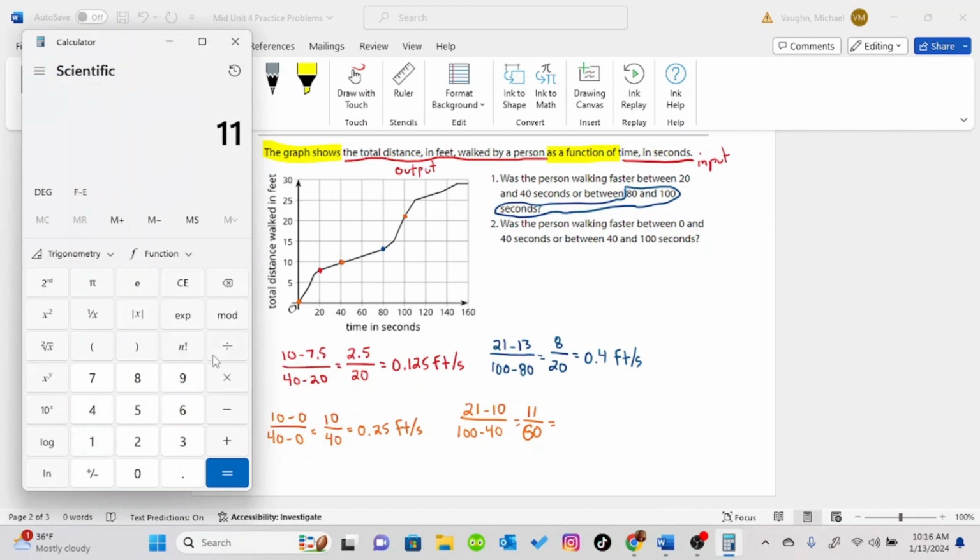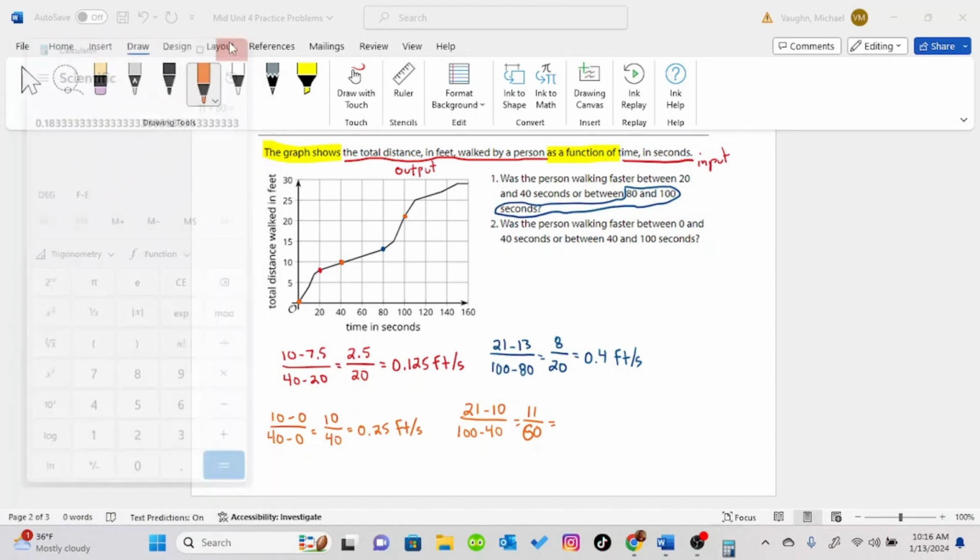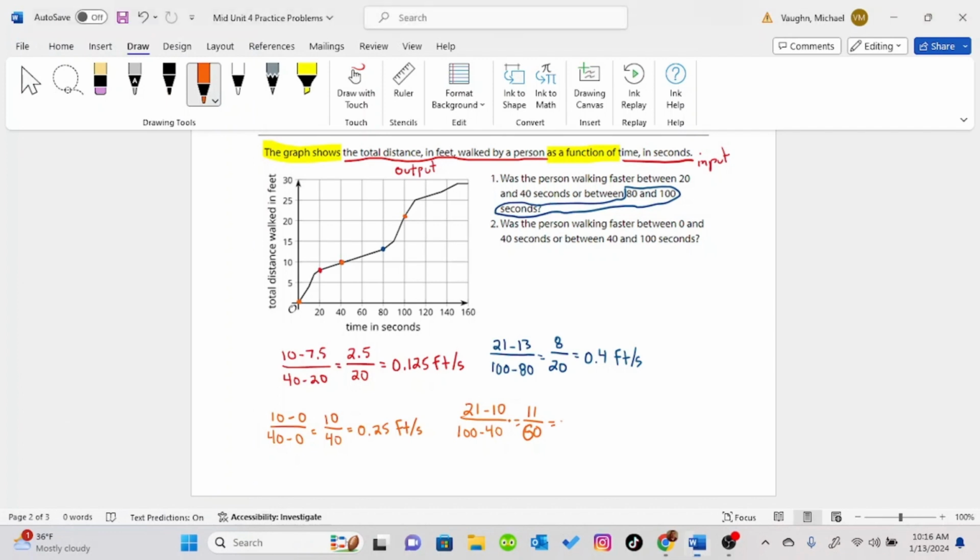And 11 divided by 60 is 0.18 feet per second. We can see that 0.25 is greater than 0.18. So this person was walking faster between 0 and 40 seconds.